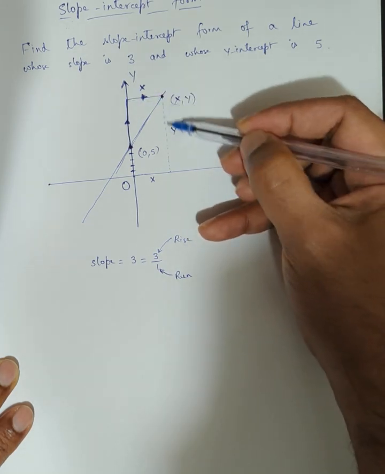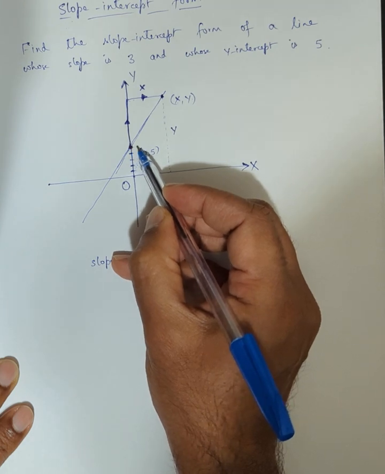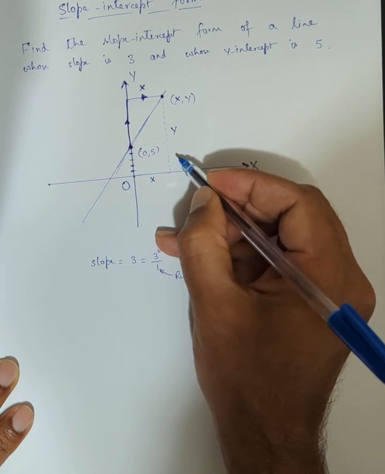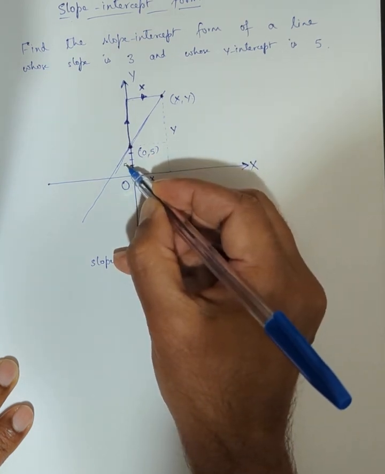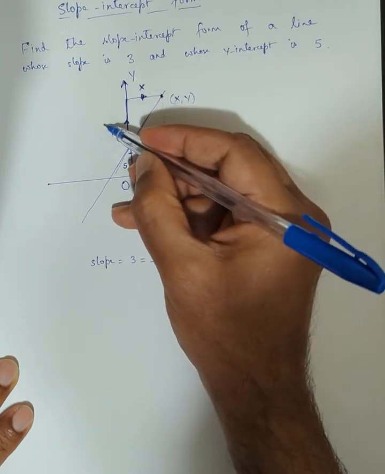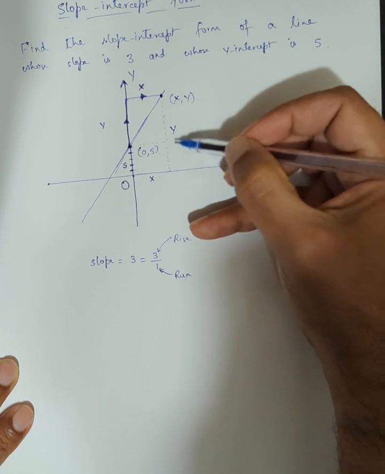So if the total distance is y, and I know that this distance is 5, the rise would have to be the total height minus this.